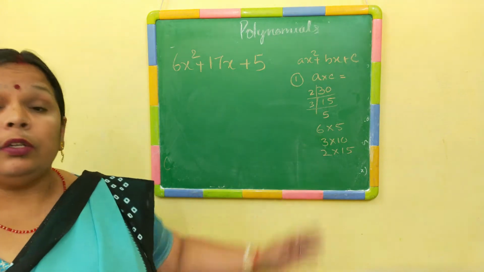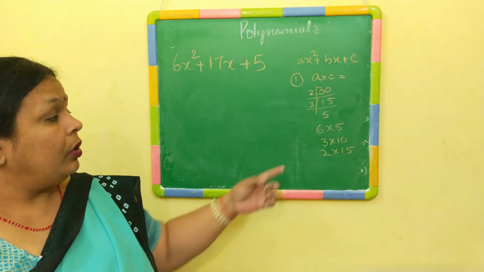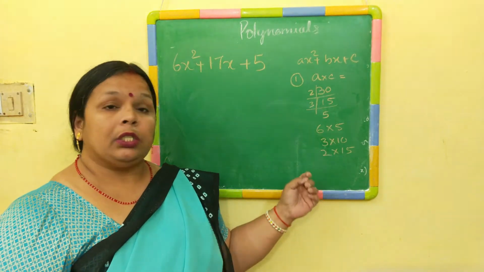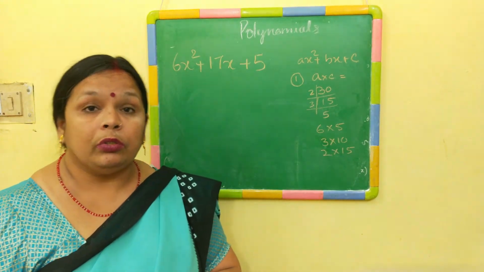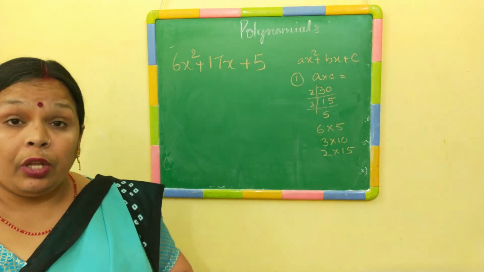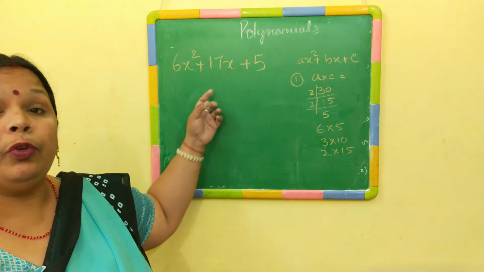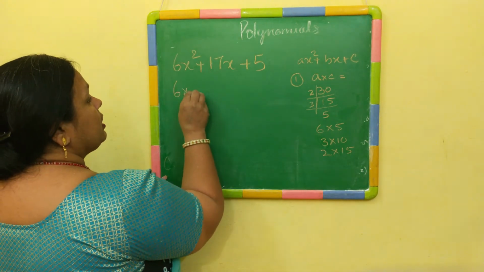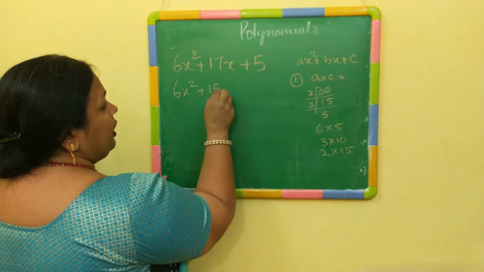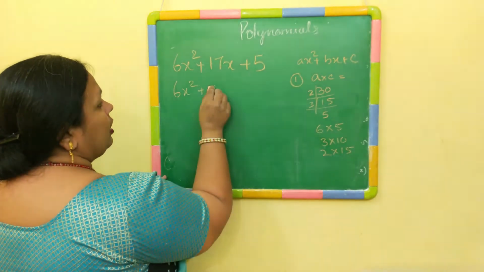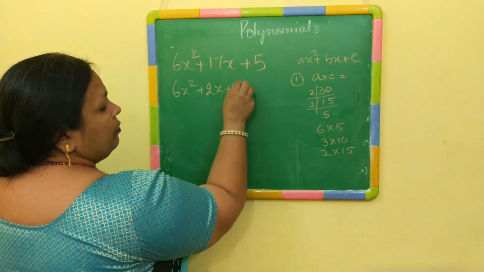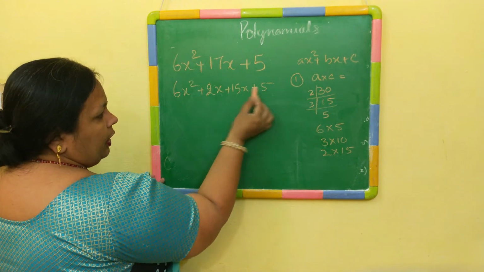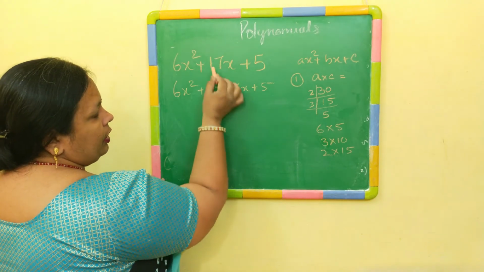All of these give 30 as the product: 6 5s are 30, 3 10s are 30, 2 and 15 also 30. We need to select the pair which gives 17 as the sum. Now, we write it as 6x square plus 2x plus 15x plus 5. The product is 30 and the addition is 17.